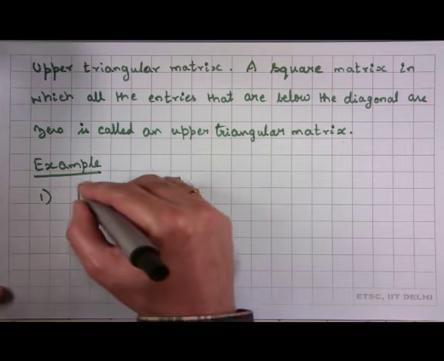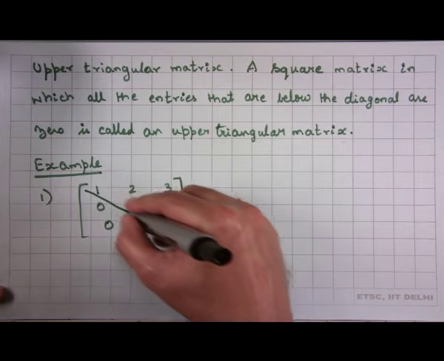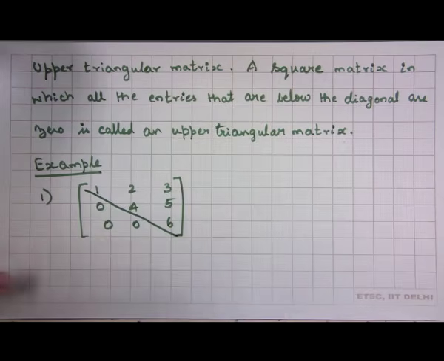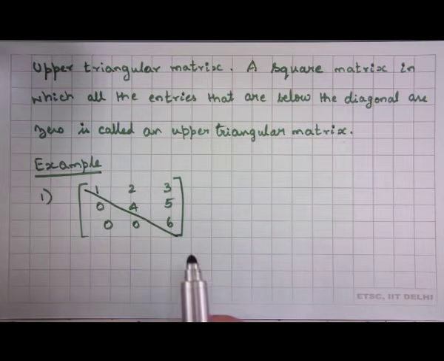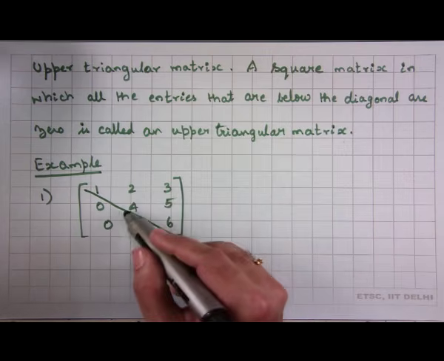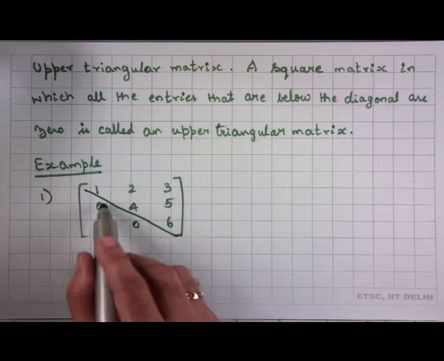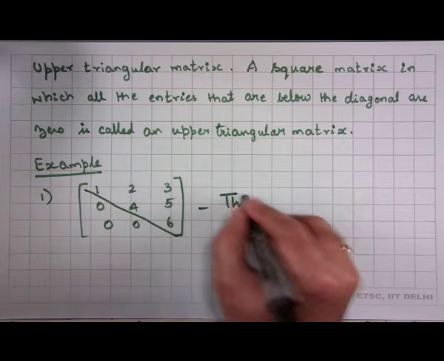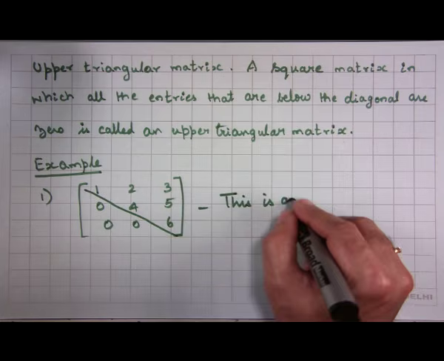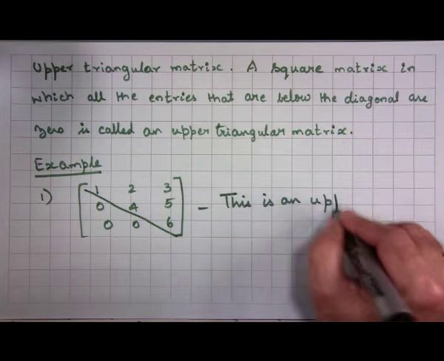So, let us first draw the line, right. You have this 1, 4 and 6, these correspond to the diagonal entries, and all the entries below that are 0, therefore, this is an upper triangular matrix.